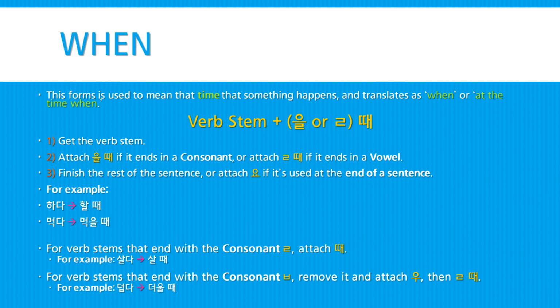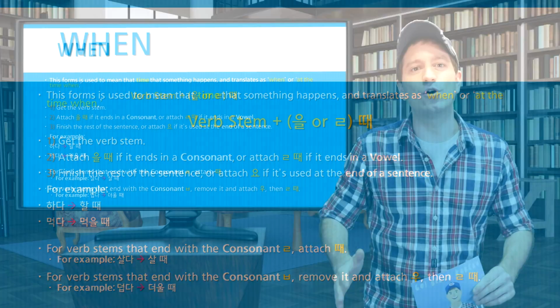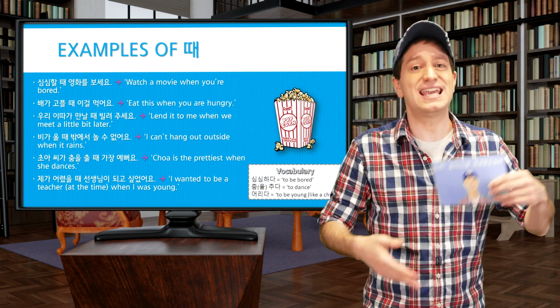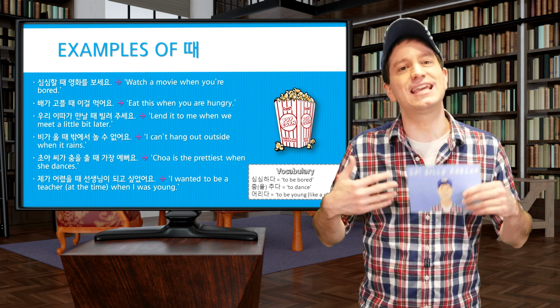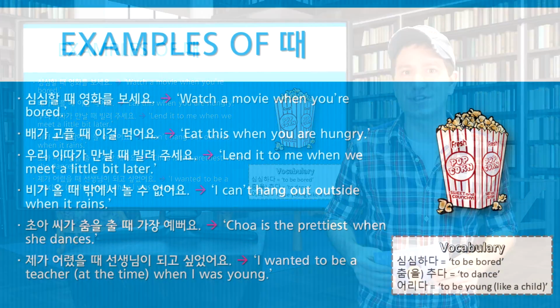So the verb 덥다, meaning you feel hot or the weather's hot, would become 더울 때. And this form can only mean when, it can't mean if, because we're talking about the actual time when something happens. So here are some examples of this form.